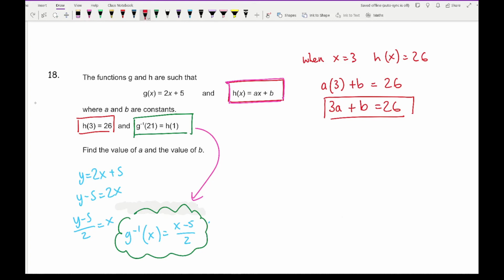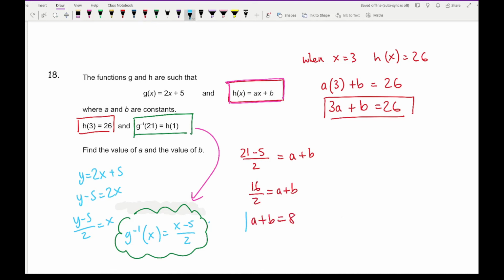Then what I end up with is 21 minus 5 over 2 equals, when x is 1, just a plus b. Simplifying the left hand side, 21 minus 5 gives me 16 over 2 equals a plus b. So a plus b equals 8.